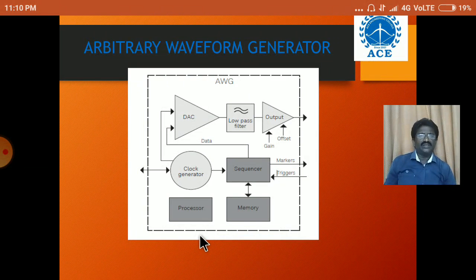So next one, sequencer. So this is the sequencer. The sequencer circuitry can solve memory depth limitations by arranging sequencing. So the waveform is divided into segments to create your desired waveform.